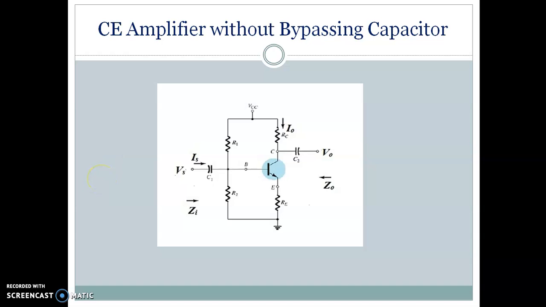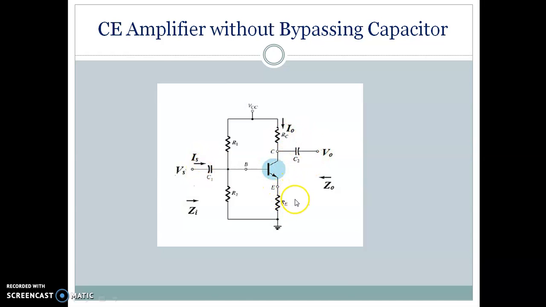So I'll take up the voltage divider circuit, or your self bias circuit. Here there's no capacitor connected across your RE. So which is the bypassing capacitor? C1 and C2 are coupling capacitors.